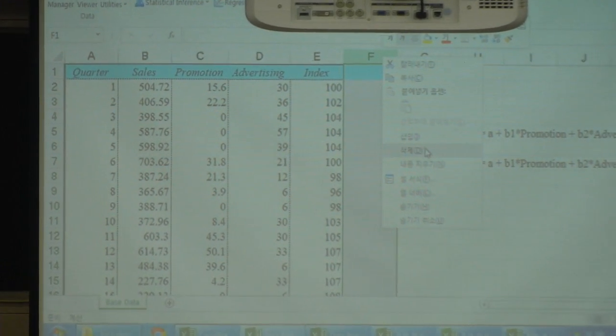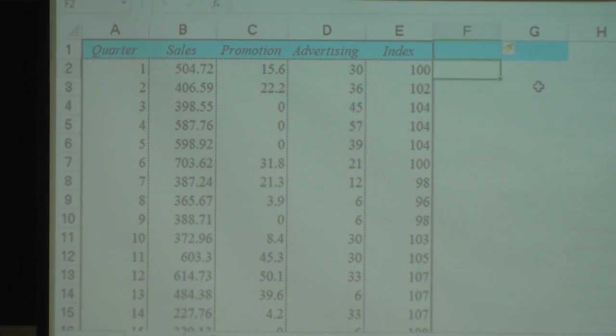Okay, so sometimes when you have a new model, you have to create extra variables. In other words, here, let's say now this one is promotion at T, current period. This one is advertising for current period.